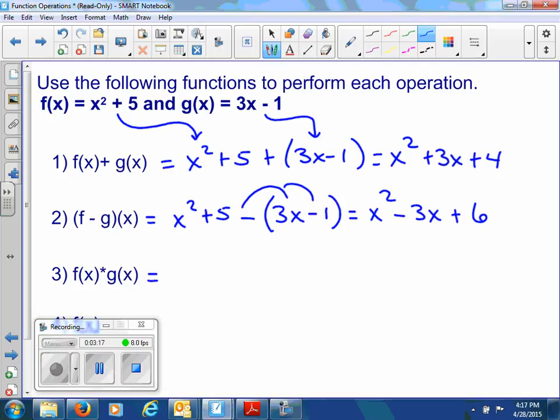To multiply these two terms, that's going to give me x squared plus 5 times 3x minus 1. Now I have a binomial times a binomial.